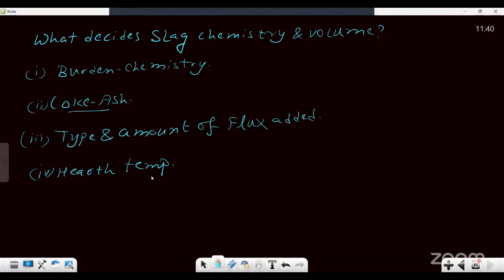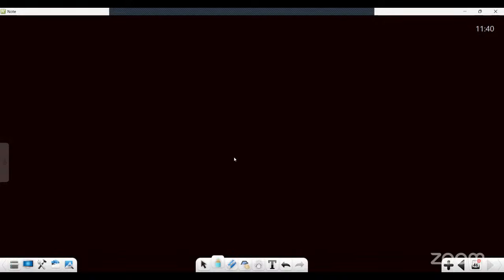Now we talk about one very important criterion, which is nothing but the fluidity of the slag. Slag must be sufficiently fluid. That means low viscosity. Why should it be sufficiently fluid?